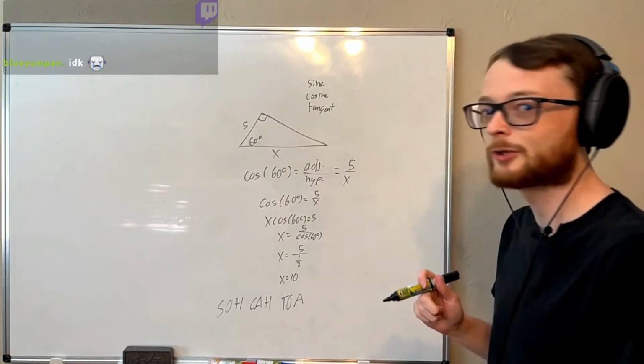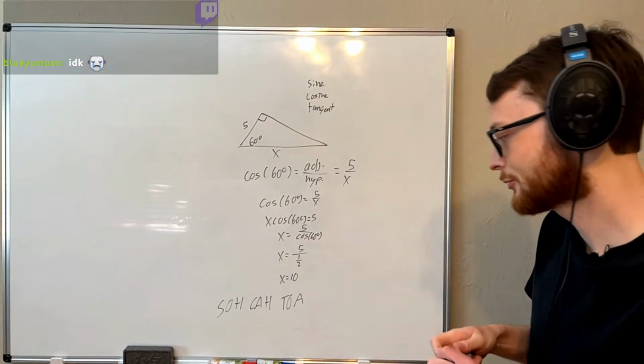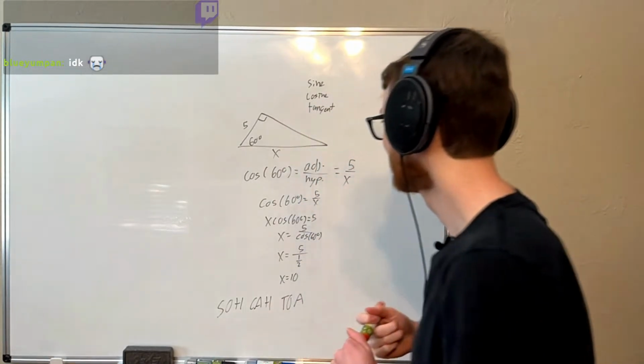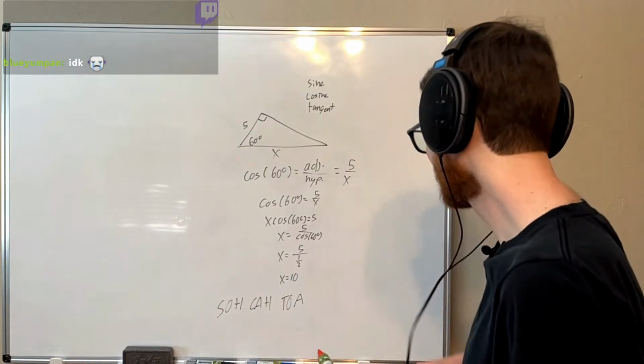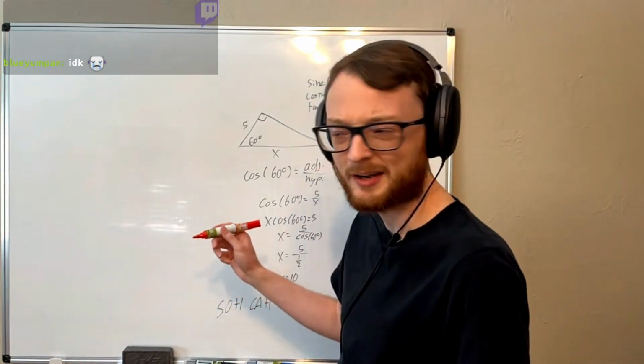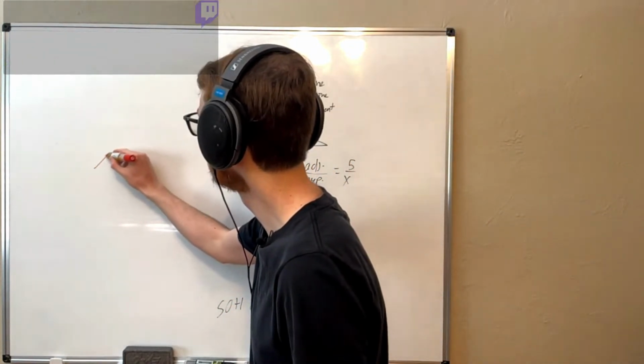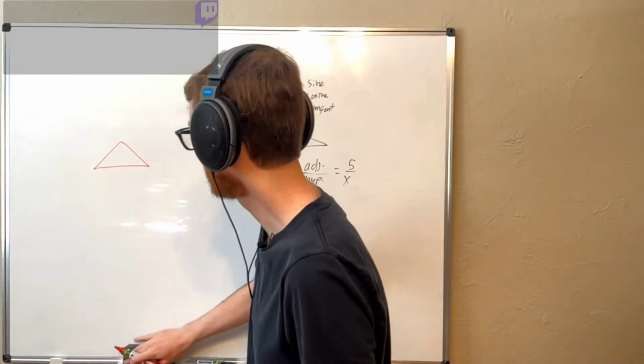All right, let me try a completely separate strategy then. That's very weird. Have you heard of a 30, 60, 90 triangle? Oh, that's not a good drawing.